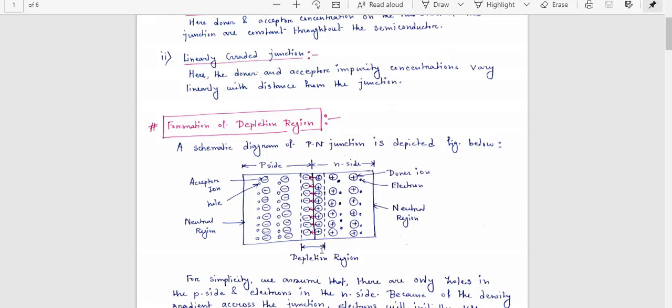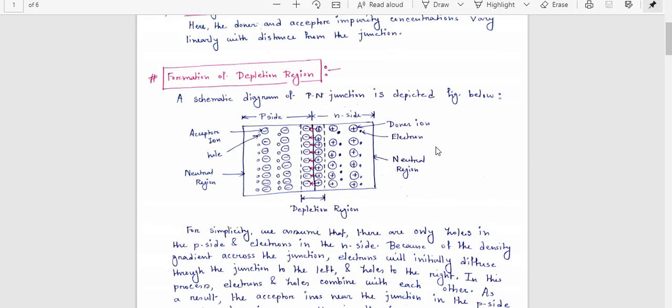So this depletion region is formed internally, by the internal operation of the p-n junction, and this region contains immobile negative ions and immobile positive ions near the junction.